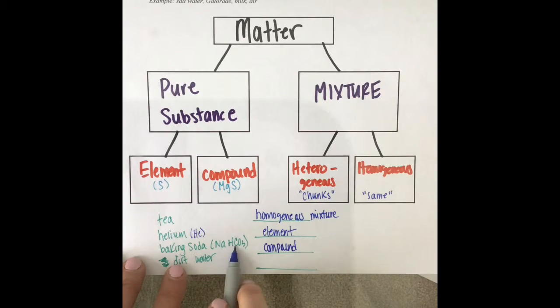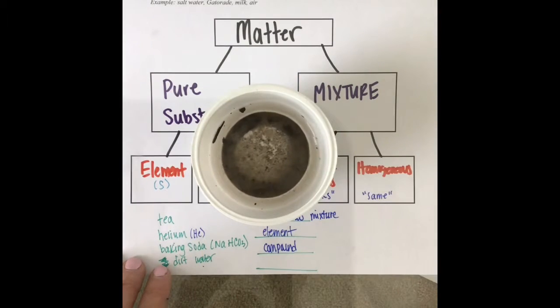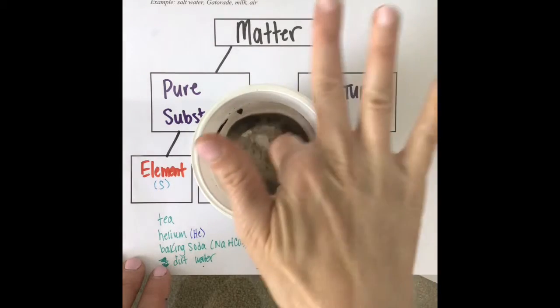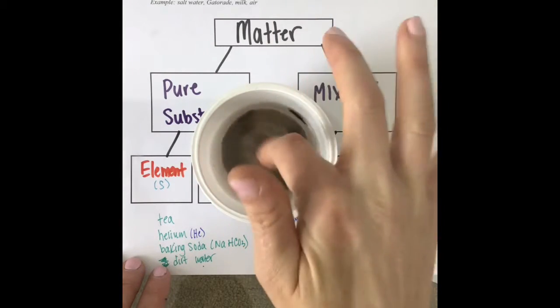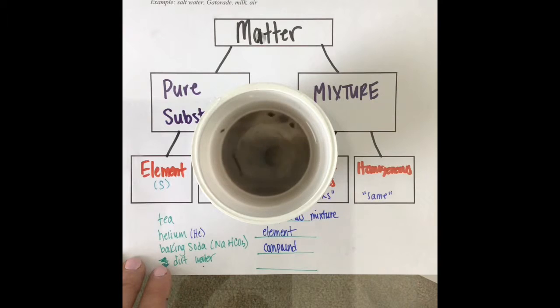Sodium, hydrogen, carbon, and oxygen are chemically combined into a specific formula for baking soda. There's nothing mixed in. It is pure baking soda, sodium bicarbonate. It's a compound. And then I'm sure you can guess dirt water. Okay, let's say my kids gave me some water, they dumped some stuff in, we stirred it up, and we have dirt water. It is definitely a mixture.